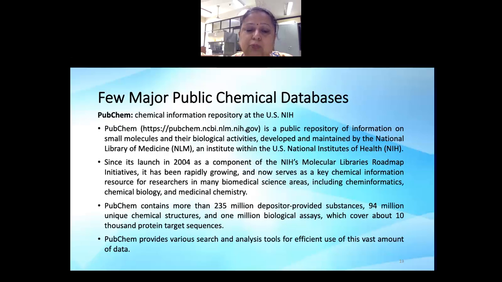PubChem contains more than 235 million depositor-provided substances, 94 million unique chemical structures, and 1 million biological assays, which cover about 10,000 protein target sequences. So PubChem provides various research and analysis tools for efficient use of this amount of data.